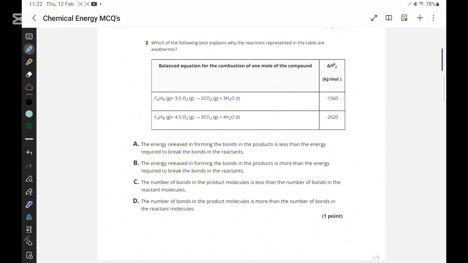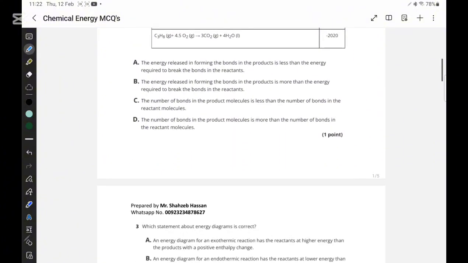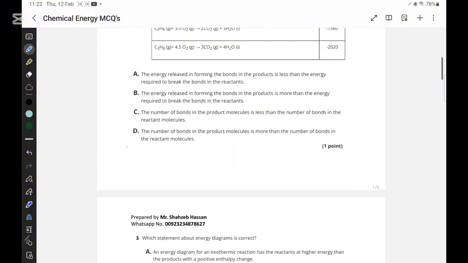So in the next question, first of all, we have to see a basic principle, for example, an exothermic reaction. What happened? We know enthalpy change is negative. And in this reaction, what happens during bond formation?